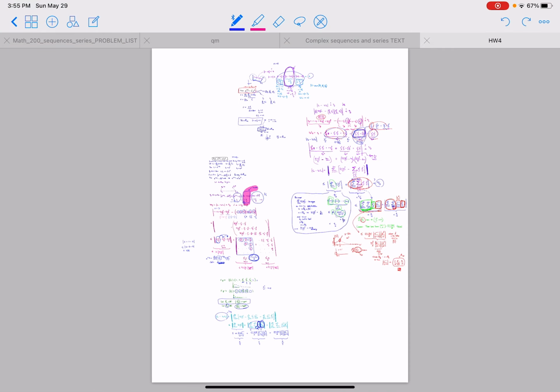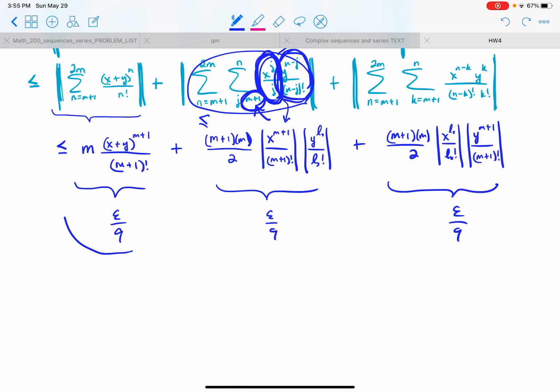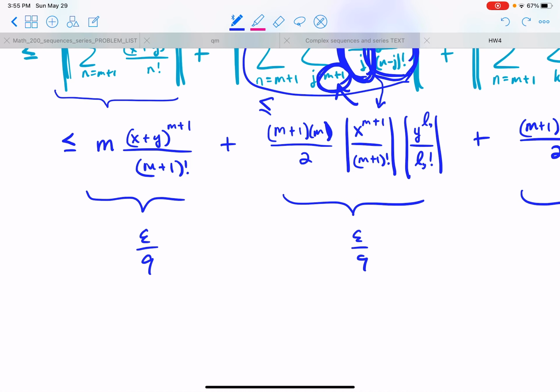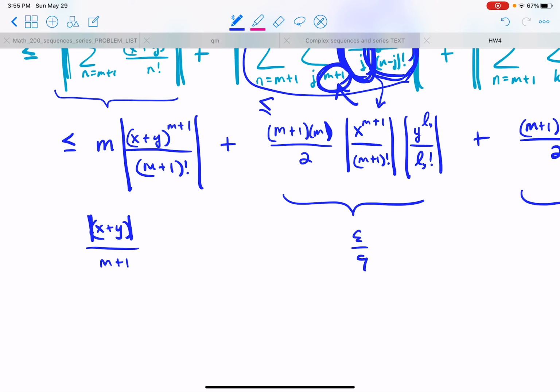Okay, so why can we make this less than epsilon over 9? Oh, I see. Okay, so this m will cancel an m down there. I didn't even notice that. The absolute value of x plus y to the 1 over m plus 1.